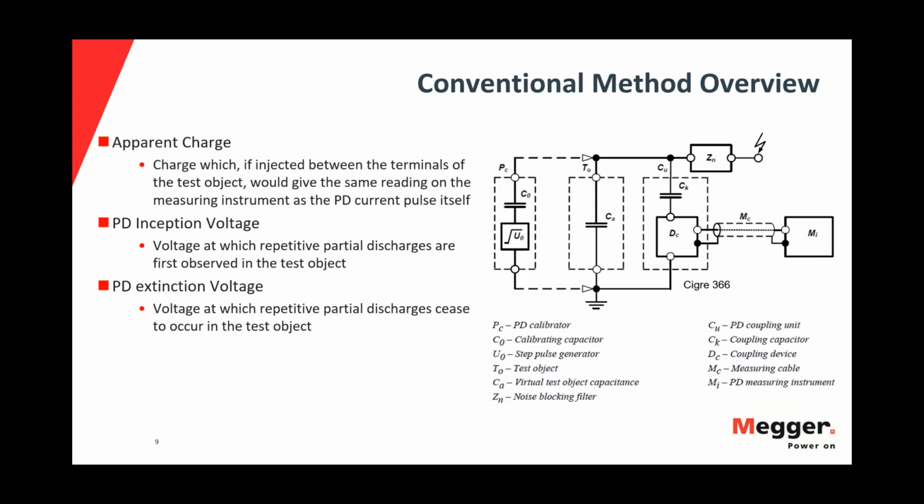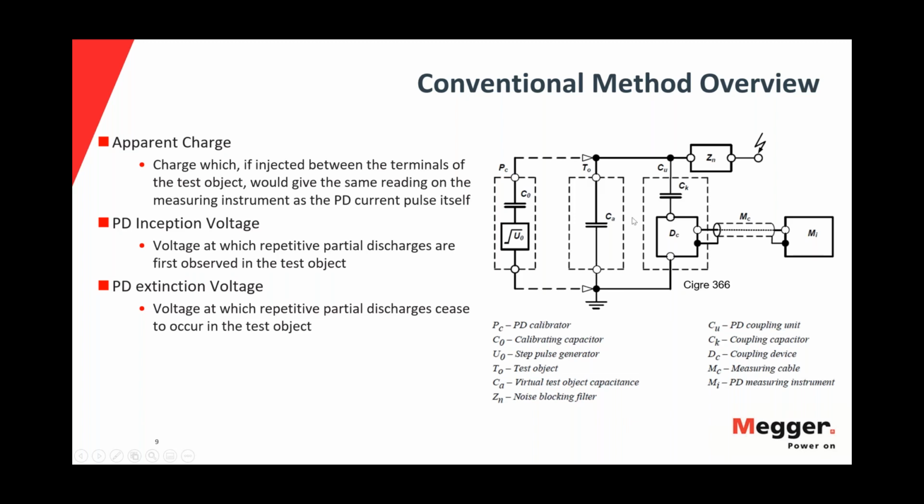It propagates through the network. You know that the insulation combined, like a transformer and GIS, is a complex impedance network. So the pulse will travel through that network, and then it will arrive eventually at the terminals at which you are measuring. To be able to decouple and get those high frequency pulses, you need a coupling capacitor, here represented as CK.